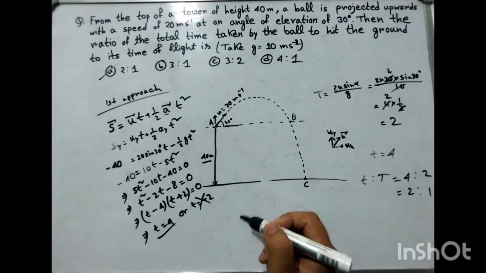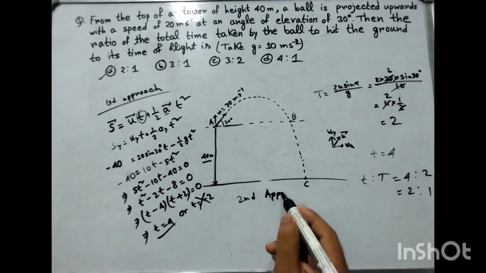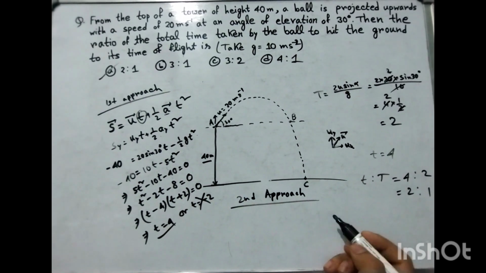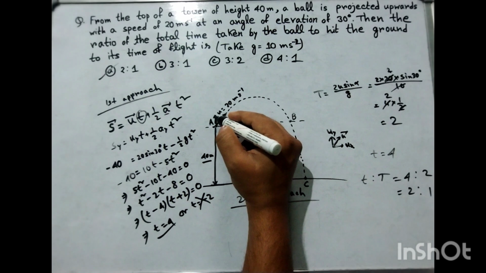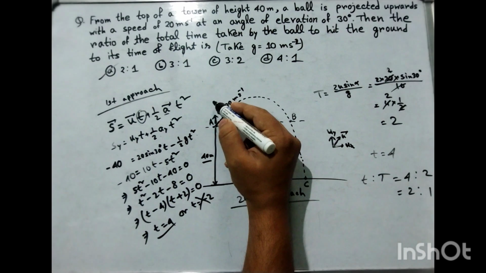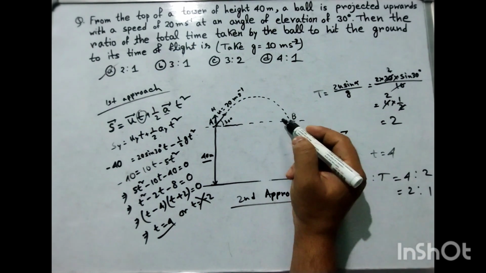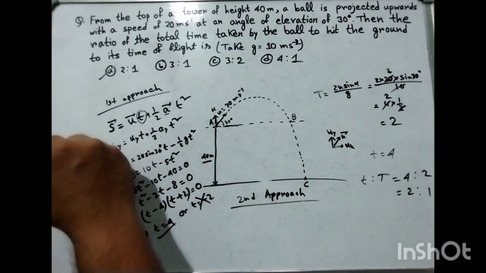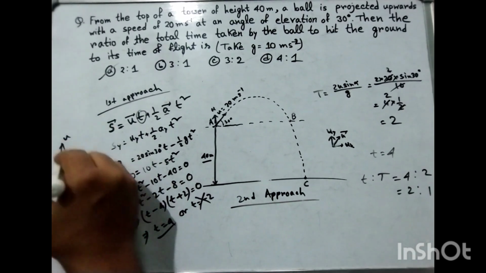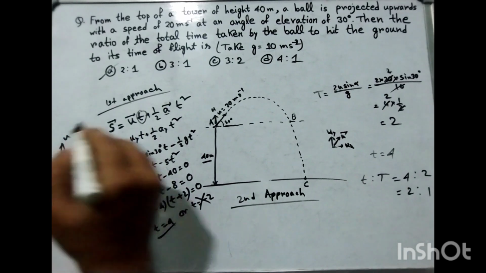We could find the value of t in another approach, the second approach. You know that, as we studied in vertical motion, if we throw a particle vertically upwards with speed u, when it hits the ground it will have the same speed, but the direction will be opposite.